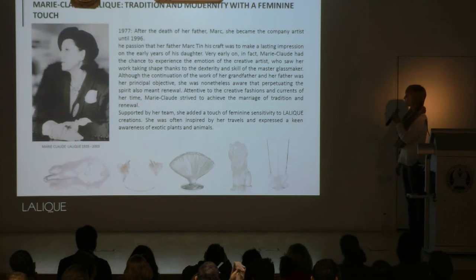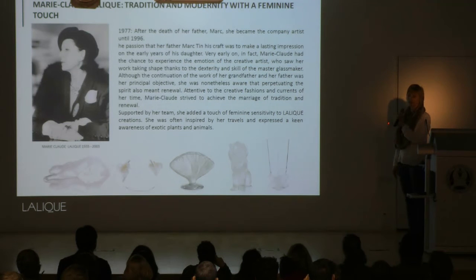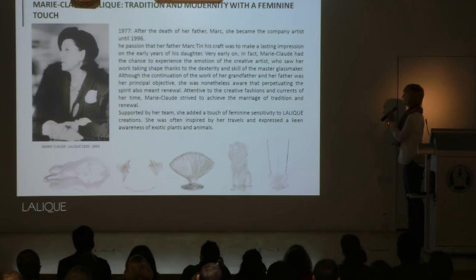She was traveling a lot, so she was inspired from different countries, from everywhere. She was more focusing on sculptures maybe, which she had seen in other countries, like lions, like animals she saw, or plants she saw in different countries, in Asia, America, everywhere.